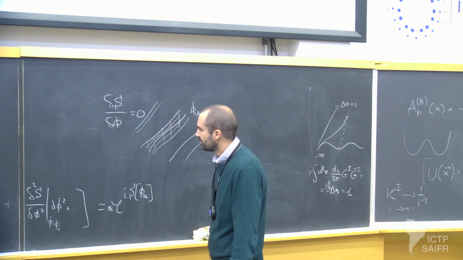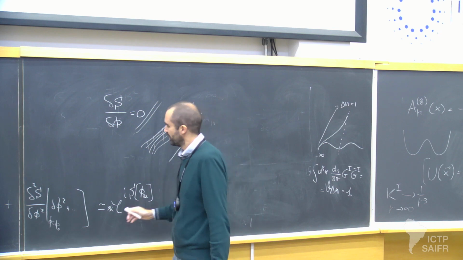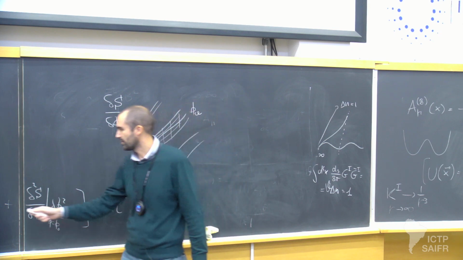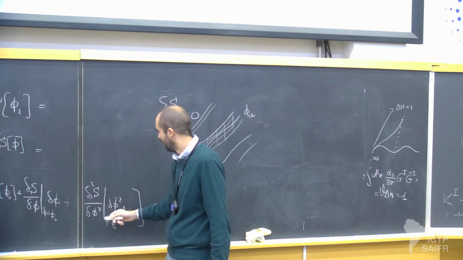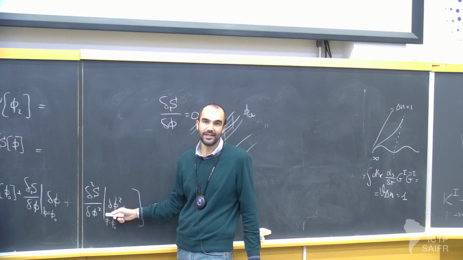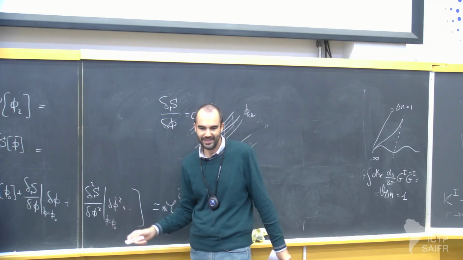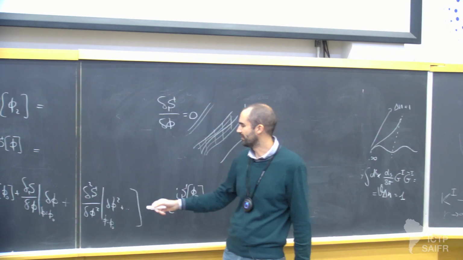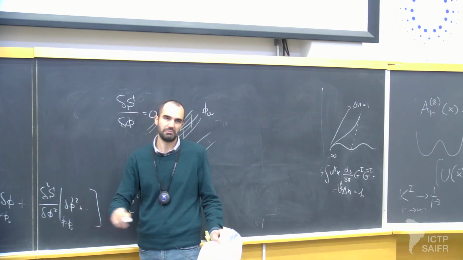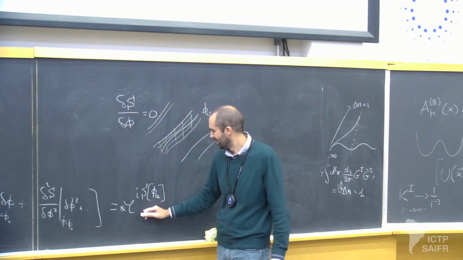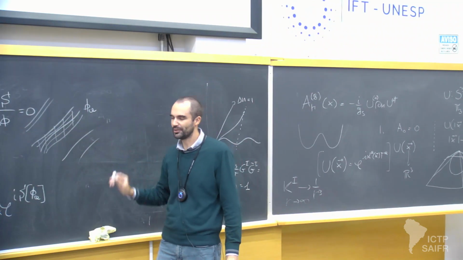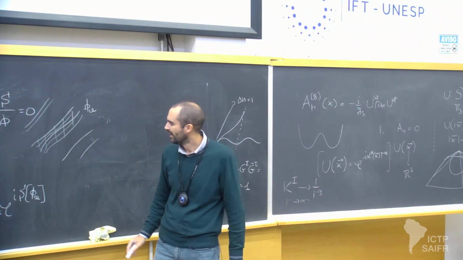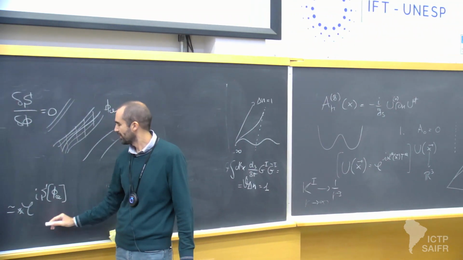And if you want to refine your approximation, around the classical equations of motion, this term will be 0. This guy will look like a Gaussian integral. So in principle, you know how to compute the leading correction, but we're not going to do it. For now, we're just going to look at the leading term, at least in this limit where h bar is small. And so, what's the leading term?